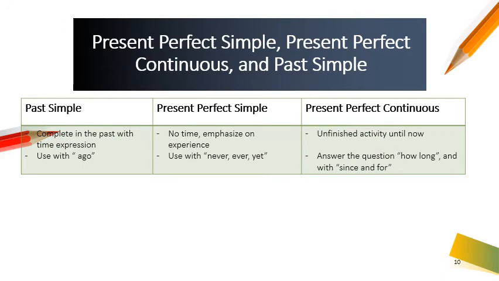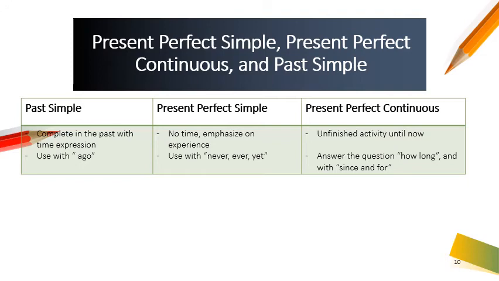Okay, so now look at the comparison between past simple, present perfect simple, and also present perfect continuous tense. You can go through it. Past simple, we use to express the activity that completely happened in the past, and use with the word ago.